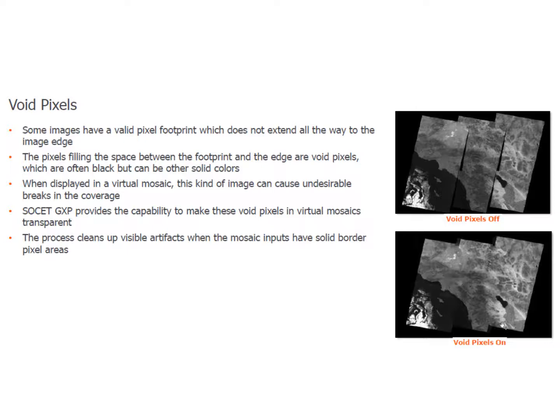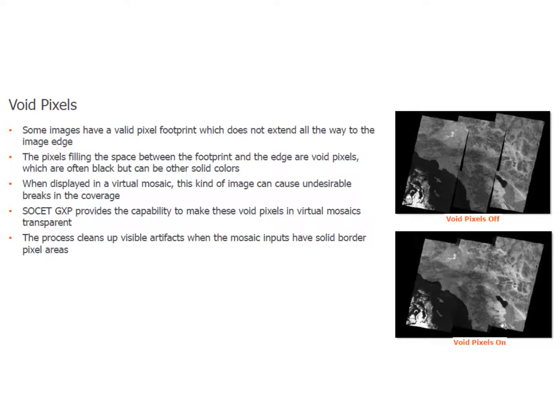Now, I talked about how sometimes you have to chip these things because of the boundaries. Here we have void pixels is what they call them. Void pixels is this no data area that's around them. So when you're trying to make, for example, a mosaic and you've got multiple images, the problem becomes some of the images, like you see in the top, where the void pixels are there as part of one image, they show up on top of another.